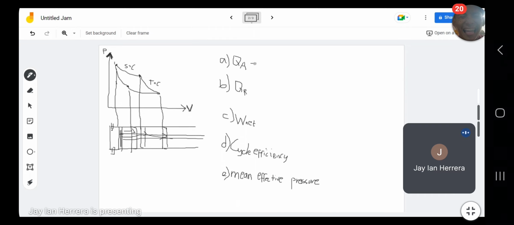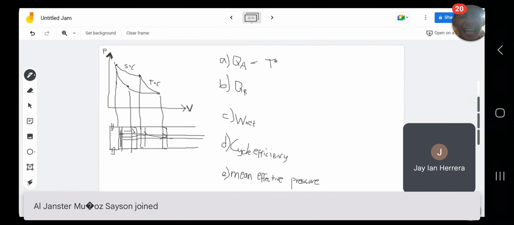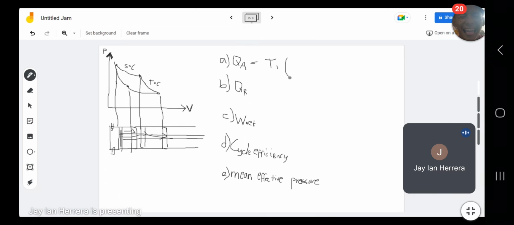So for our QA, from before sa process, this heat added is equivalent to delta U plus work net flow. So for Carnot cycle, nag-vary din ito kung anong cycle meron tayo. Ang ating heat added here is T1 multiplied by S1 minus S4, entropy 1 minus entropy 4.